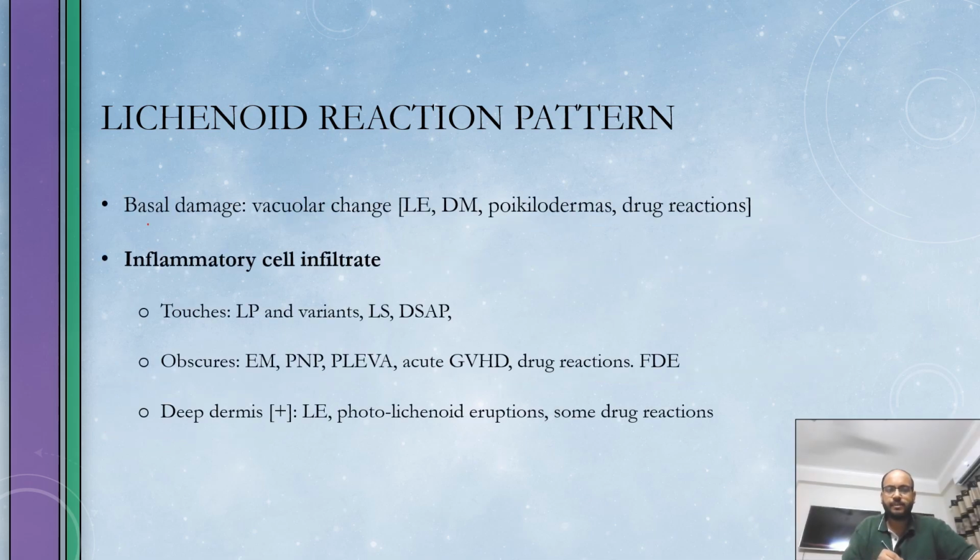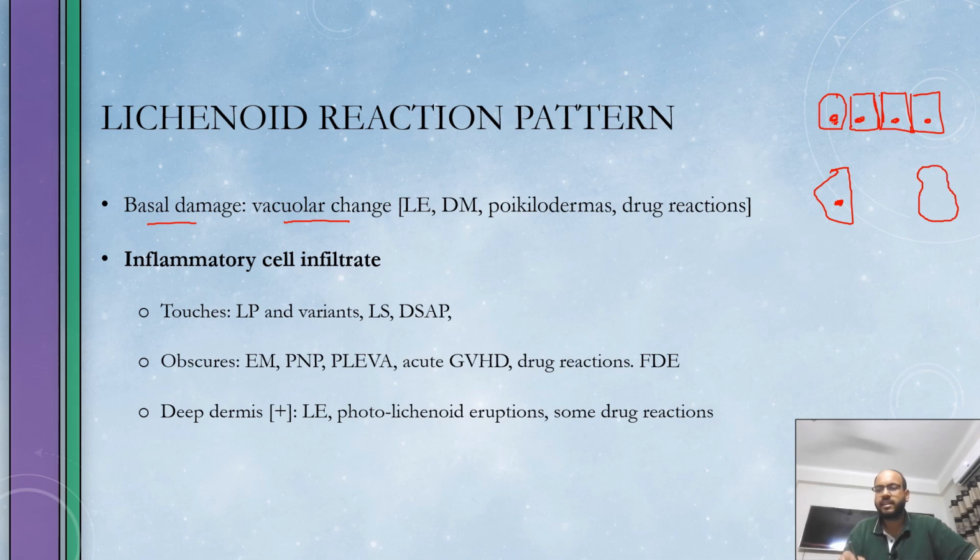So as we said, there is basal damage, there is vacuolar change. What essentially happens is, let's say that these are the basal layers which are arranged in a line at the level of the basal epidermis, the stratum basale. This is just a line of basal cells. If they get destroyed, so this is a cell which is destroyed at some level, and then we have another basal cell which is destroyed, and the two cells in between are now dead.